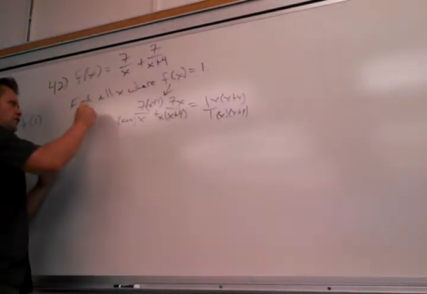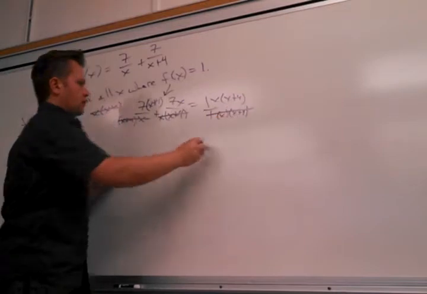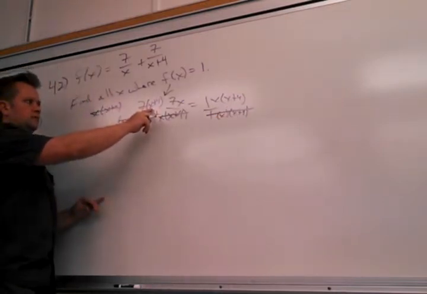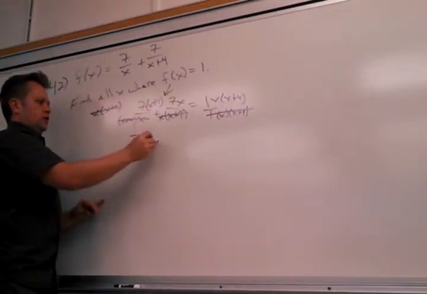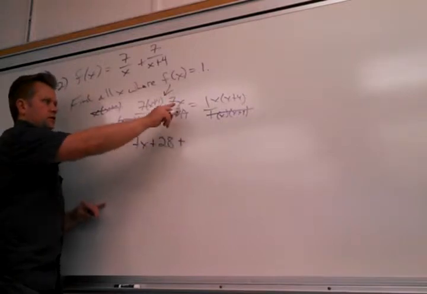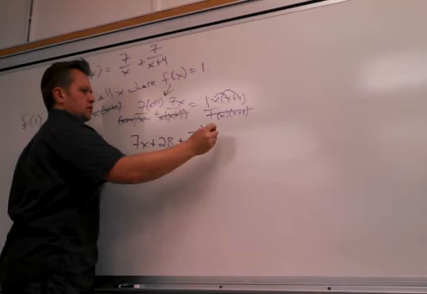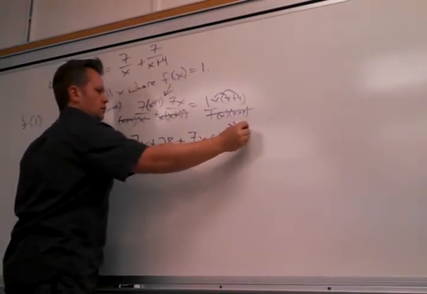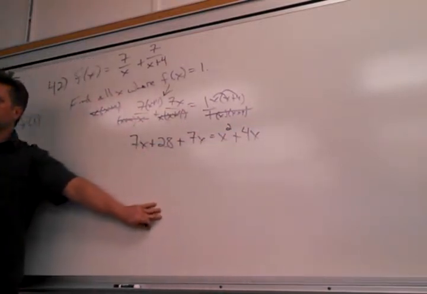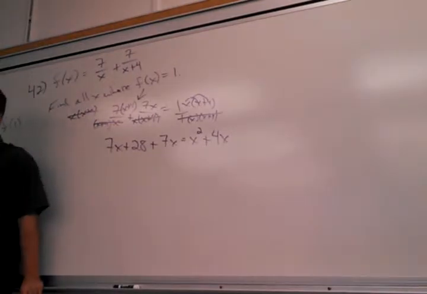So if I multiply everything by x plus 4, it'll cancel everywhere. So what's left here? 7x plus 28 plus 7x equals, plus 4x. Oh, and of course, this is old news.